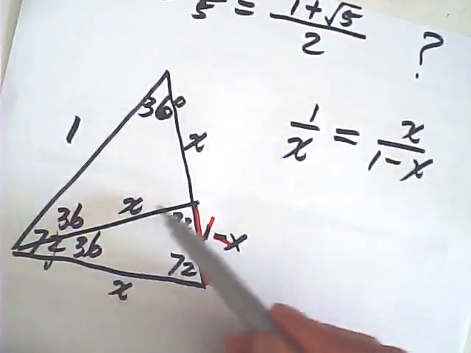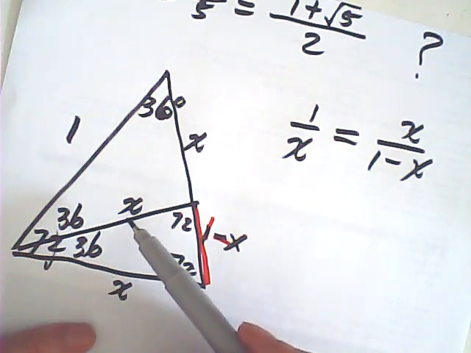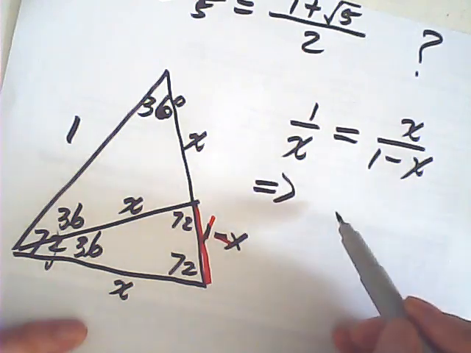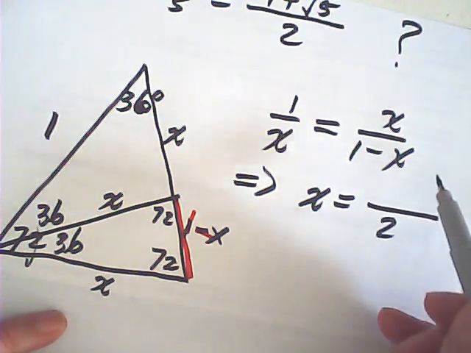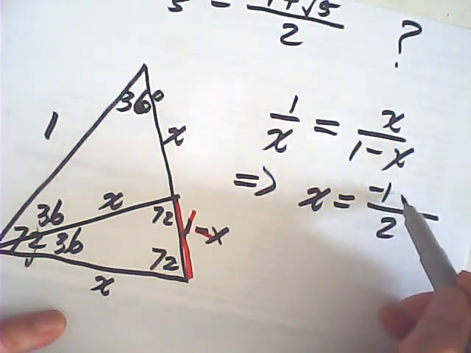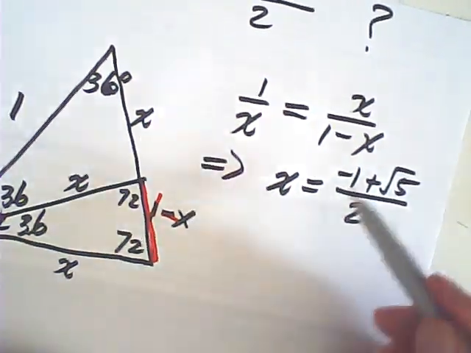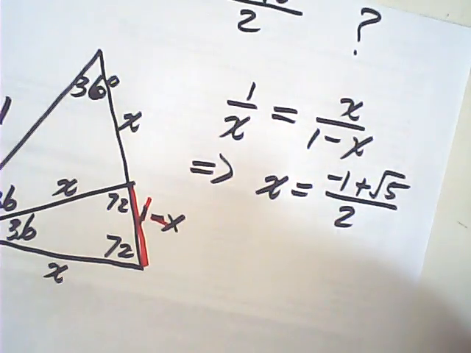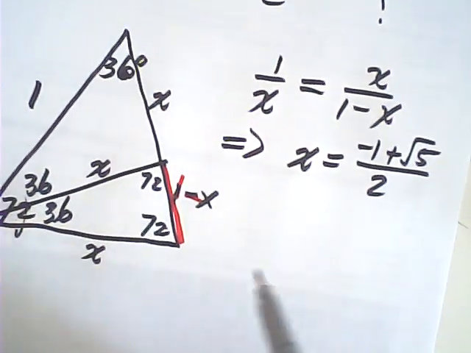This one similar to that one. Therefore, this over this is equal to this over that. And from which we can find x. Very simple. Okay. This is a solution to this equation. Now, we are looking for that, right?